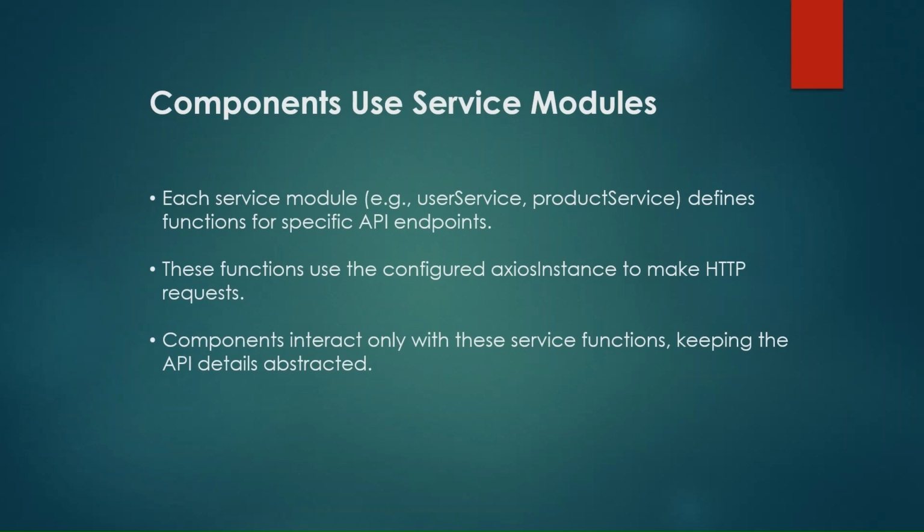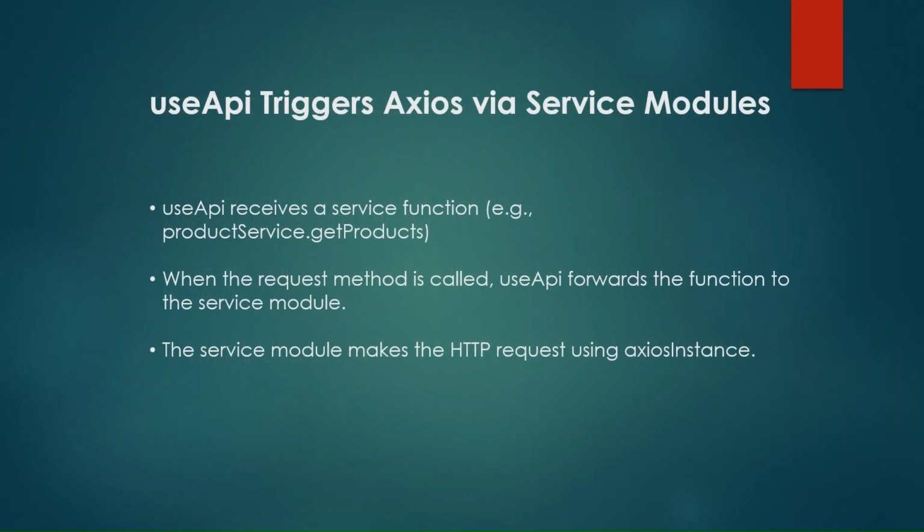These modules act as the gateway to specific endpoints and rely solely on the centralized Axios instance. When useApi is called, it takes a service function as input. The request method inside useApi triggers the service function, which in turn makes the HTTP request via the centralized Axios instance.